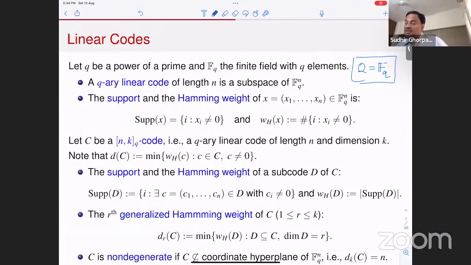Then a q-ary linear code is not just a subset C, but a subspace of this n-dimensional vector space. Any subspace of that is called a linear code of length n, or a q-ary linear code of length n.